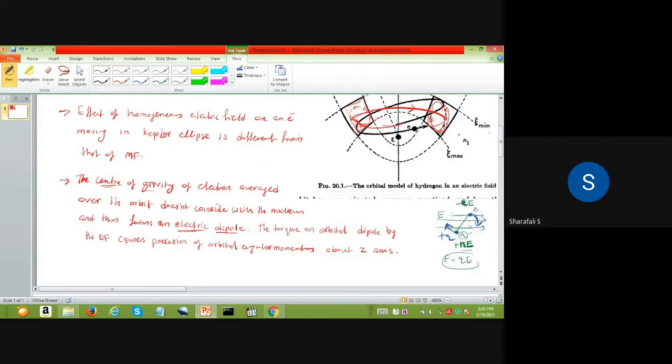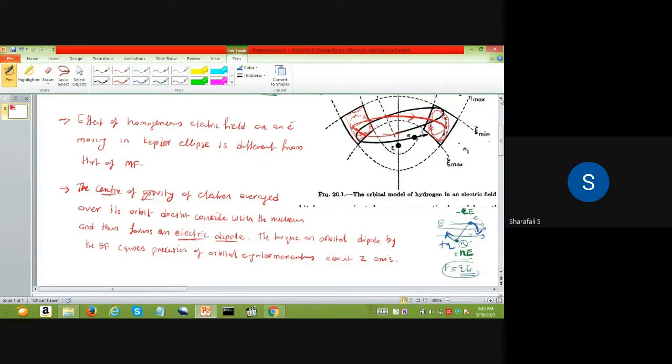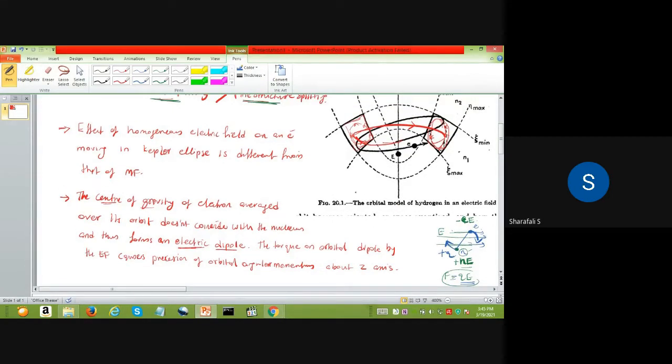If you have an electric dipole placed in an electric field, there will be a torque acting on this dipole because of the force experienced on each of the charges, minus q and plus q. A similar effect can happen here, because initially the atom is in the neutral state, where the center of gravity of the electrons coincides with that of the nucleus.